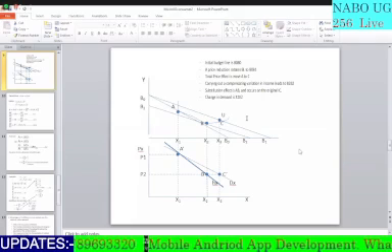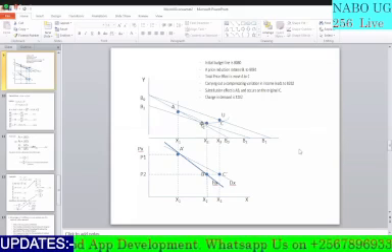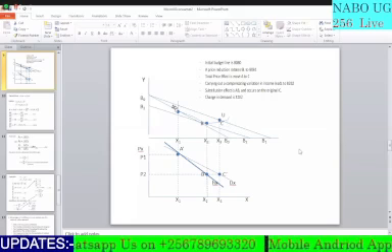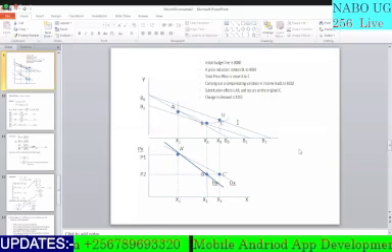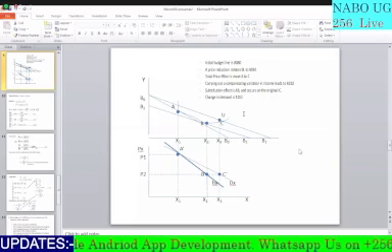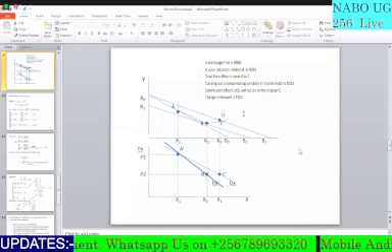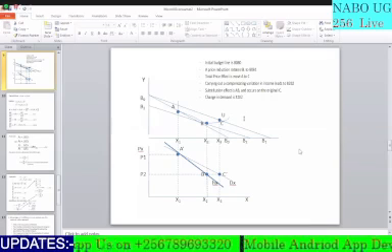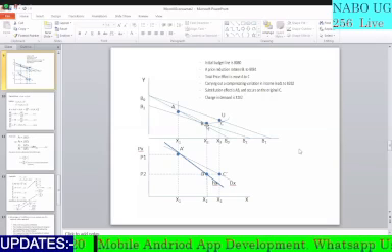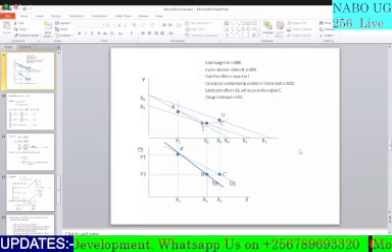When the price reduces, the individual moves to a higher indifference curve because the purchasing power increases. He is better off than before the price reduction. If we want to bring him back to the original indifference curve, we take away that increase in real income.